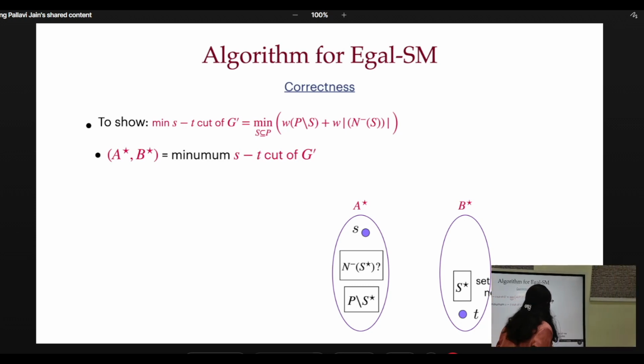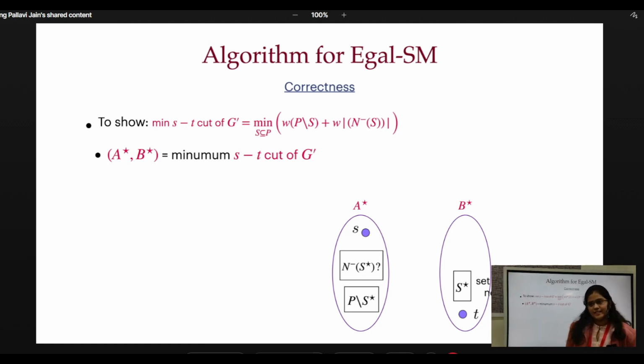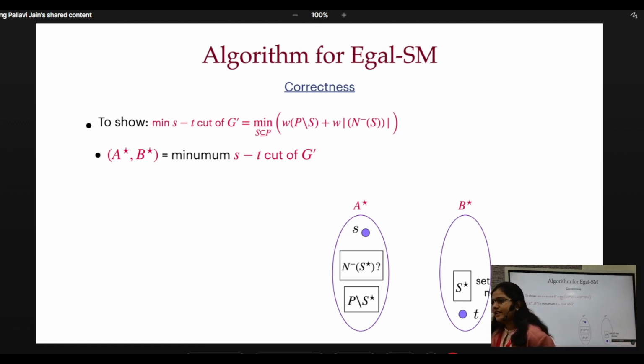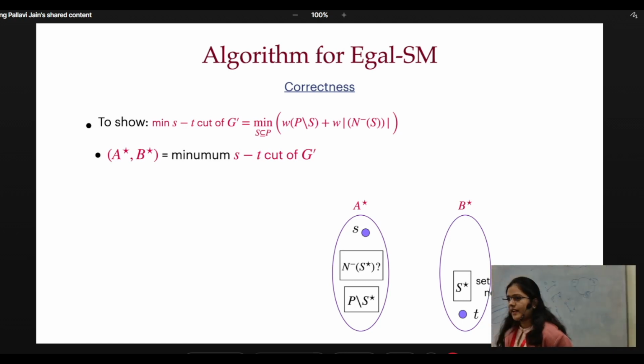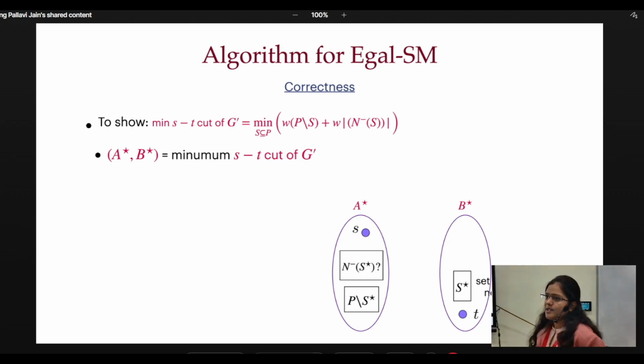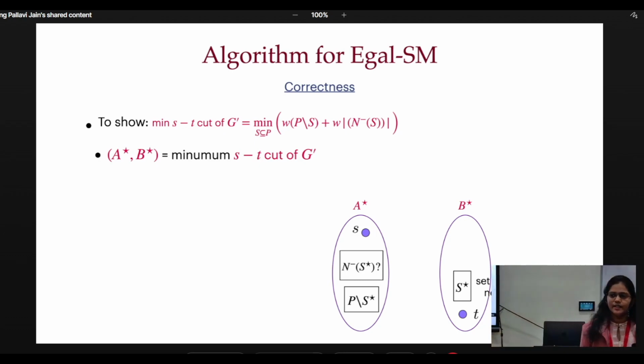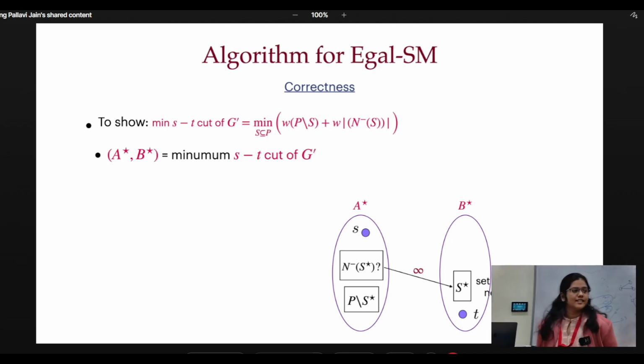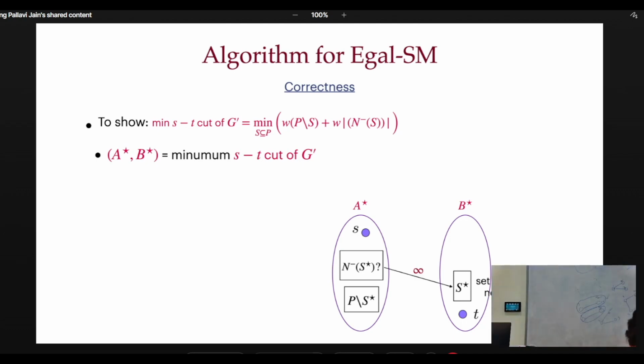See, there are real edges between N minus S star and S star, do you agree? These are the edges in G. What is the capacity of the edges which are in G? Infinity, correct. So if I have this edge, then my ST cut value is going to be infinity.